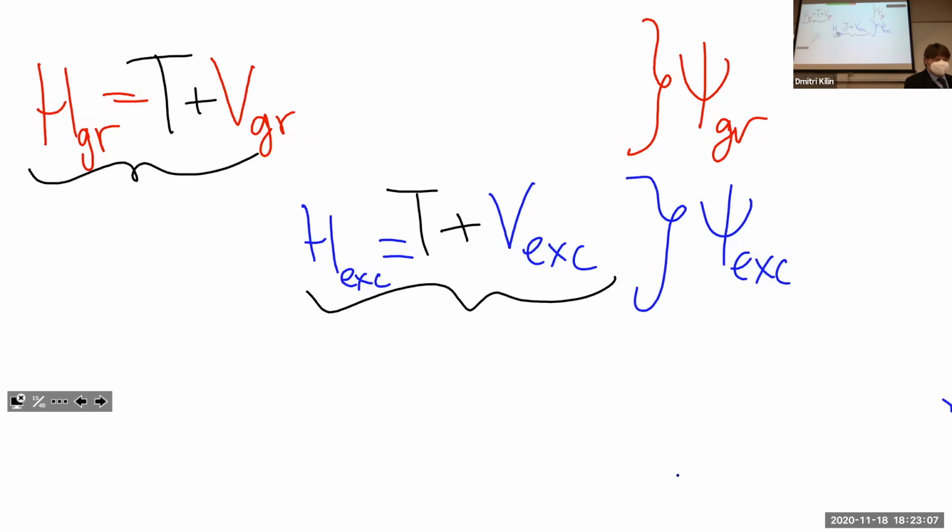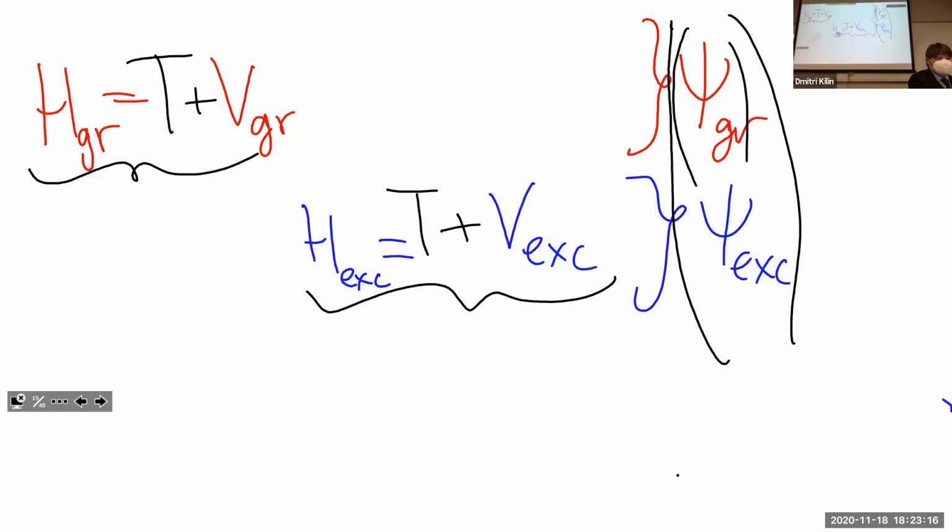And the standard way to write it will be a vector where the first part will be elements for ground, the second part will be elements for the excited. The standard notation in Bra-Ket will be as follows.